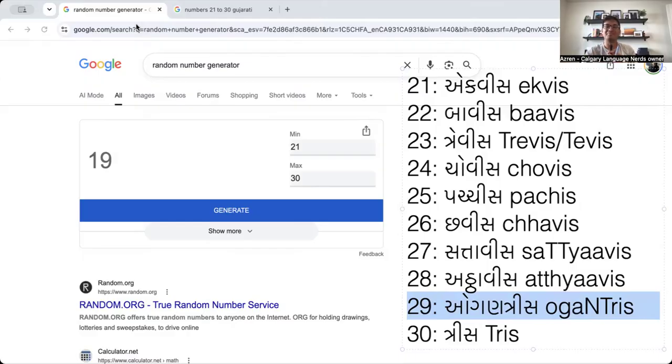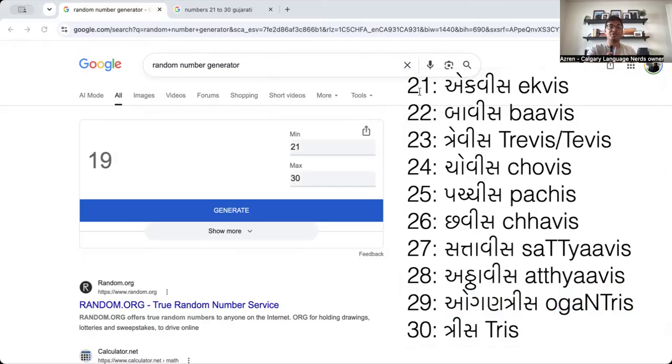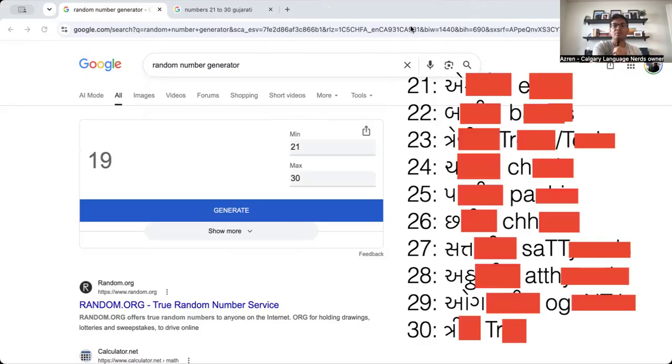Okay, so first of all, I want you to pause the video here and try to read 21 to 30 yourself. Give it a try. Okay, try one more time. I'm going to block off some of the letters so you can't see the full word. The words are now partially blocked off.